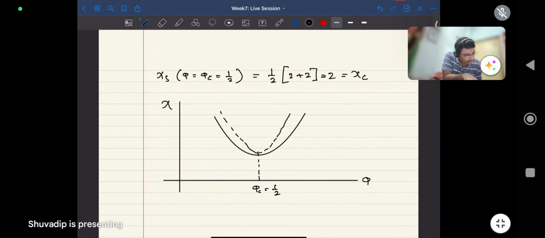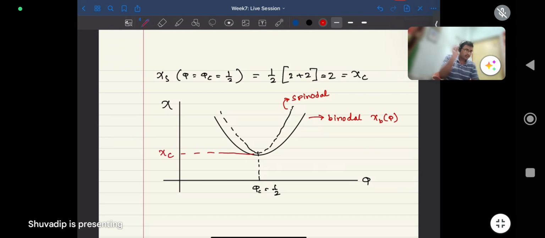So this line is called the binodal, which is given by chi b of phi. This line is called the spinodal. This particular point is chi c because it is chi s derived at phi c equal to half.